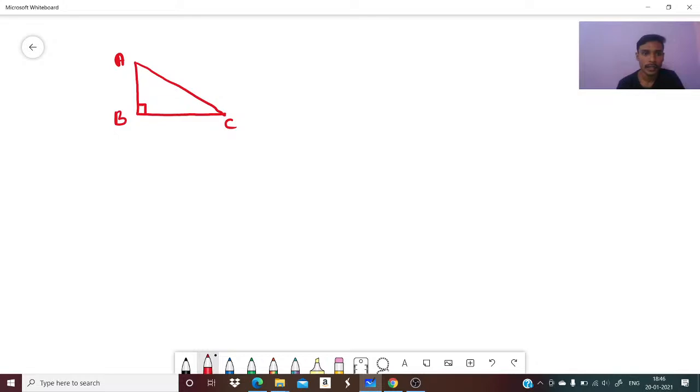Now let us suppose this is my AC, and what I'm doing is taking my AC down. If I take my AC down, my triangle will look like this.